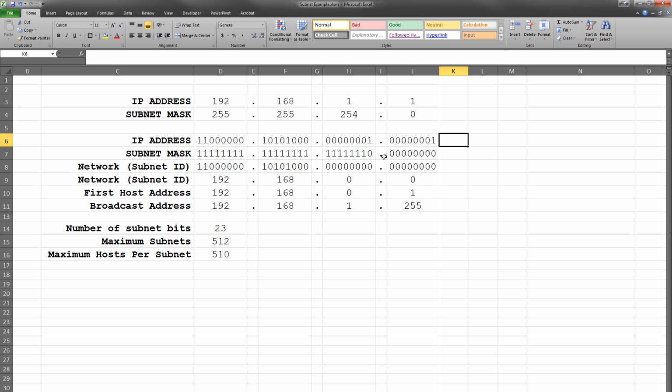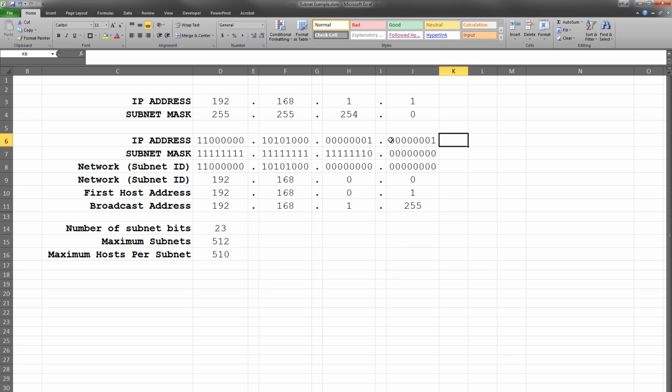So the last 9 bits tell us that the last 9 bits of the IP address are the host address. Now with 9 bits as 0 in the subnet mask, that means we have more potential hosts, 2 to the 9th minus our 2 reserved IP addresses, and so we have 510 potential hosts that we can assign in this network.